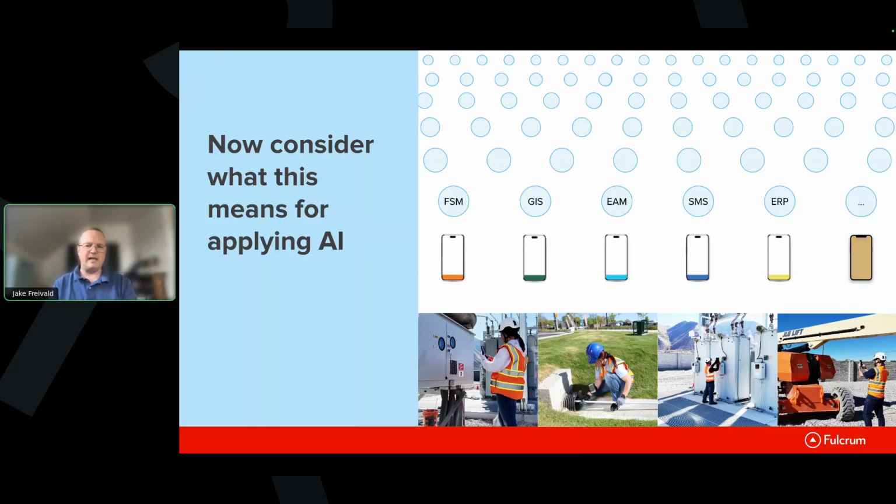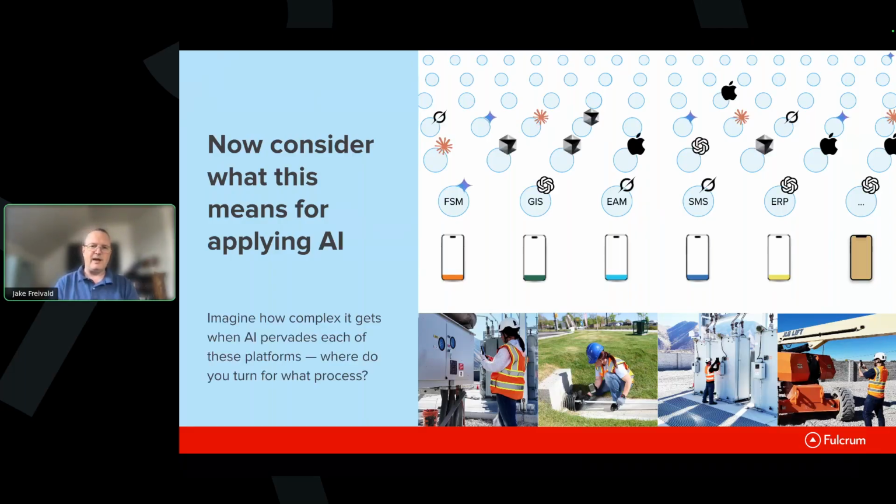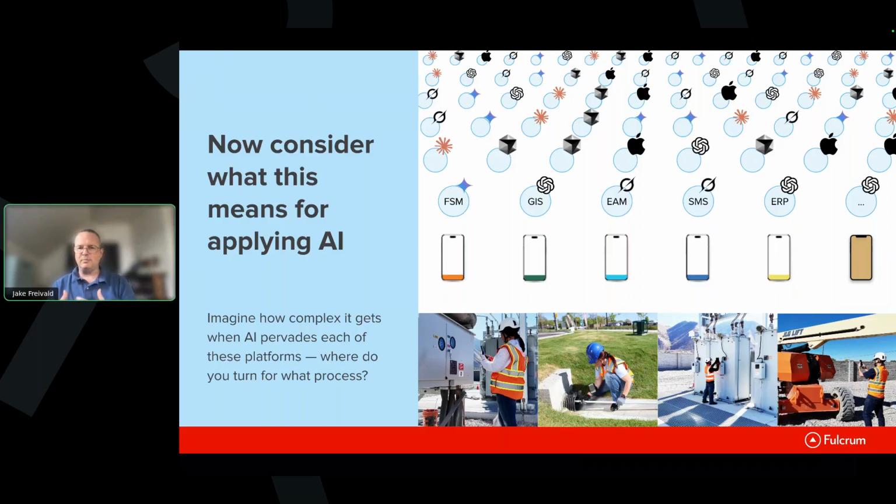Without a field platform, you have the application of AI to all of these different points. But where do you turn to say, I want to apply AI to my entire process? If you can't get your process and your data in one place, if you don't have a platform that standardizes all of your data and processes, how are you going to apply AI? That really is important.